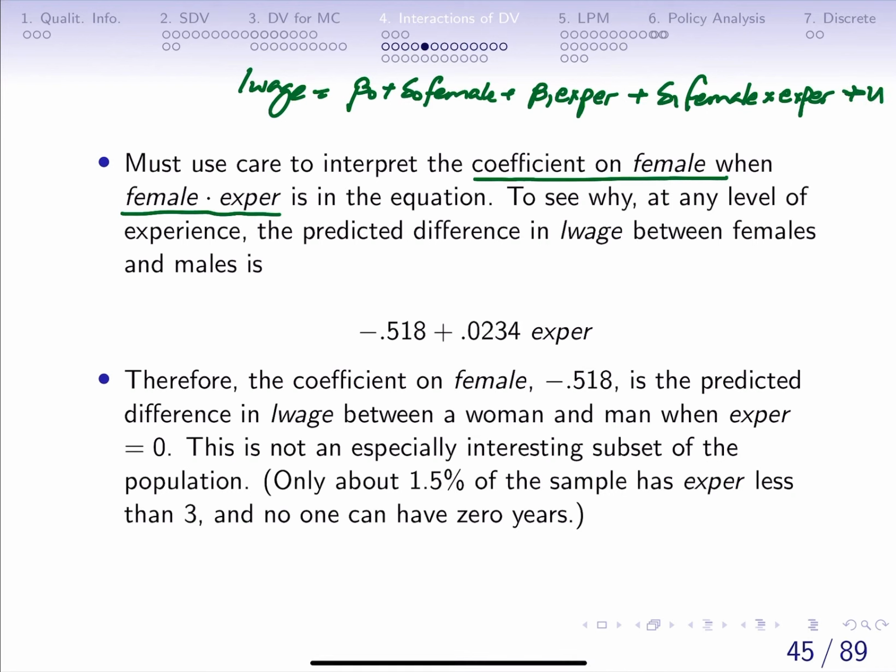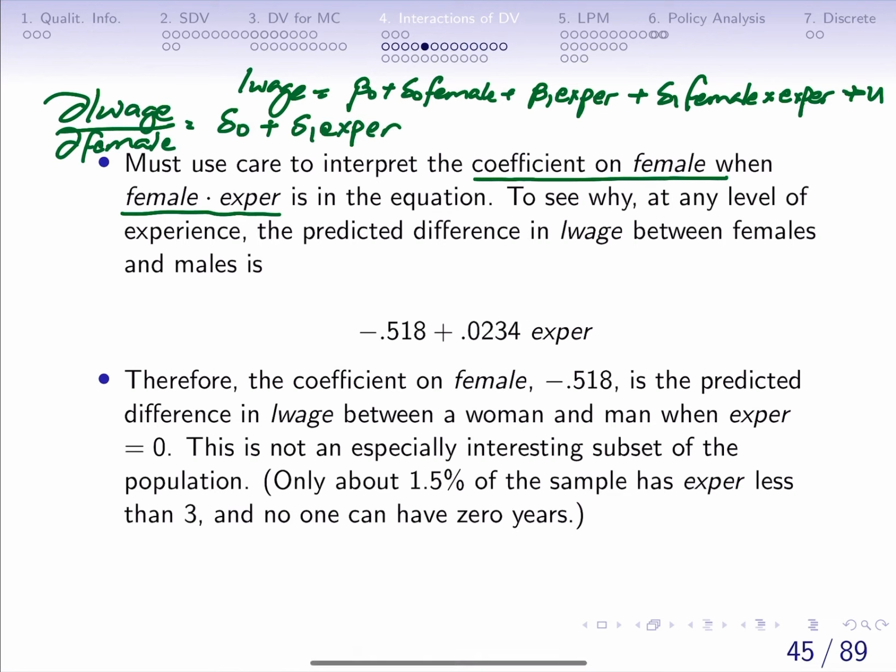Okay, so if we want to look at what are the changes based on gender, if we want to look at what is the effect of being female on wages, then we can take the partial derivative and we get basically delta naught plus delta 1 experience, right?